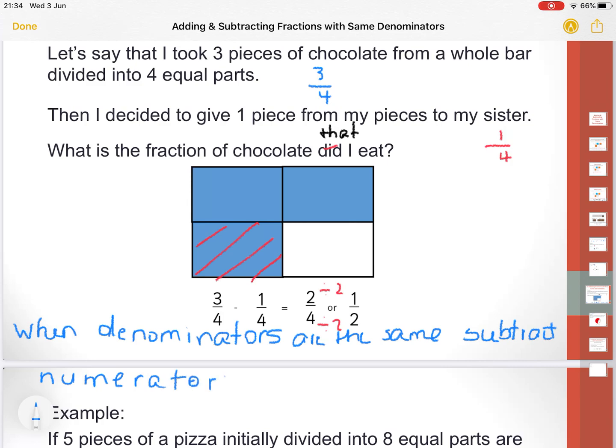Okay, so when denominators are the same, subtract numerators, all right?